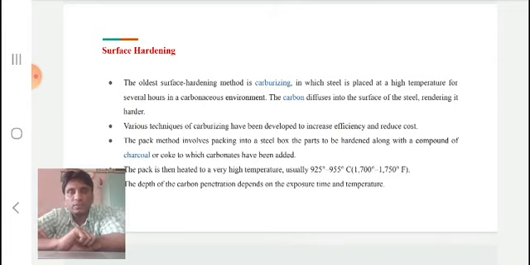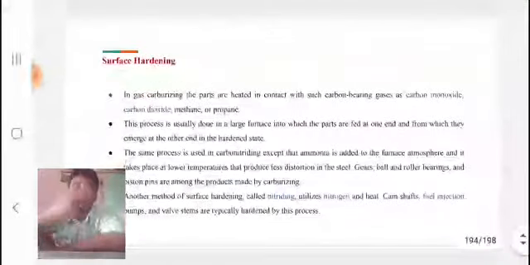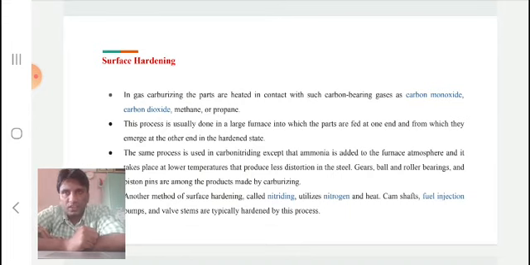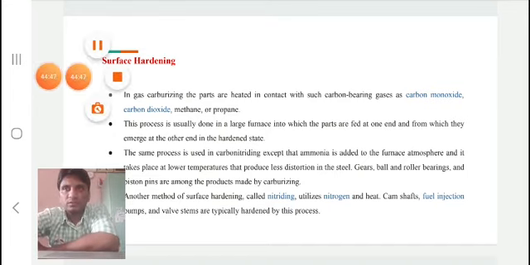As we discussed, even in this the diffusion of carbon depends upon the temperature and the exposure time. This process is usually done in a large furnace into which the parts are fed at one end and from which they emerge at the other end in the hardened state. The same process is used in carbonitriding, except that ammonia is added to the furnace atmosphere and it takes place at lower temperatures.